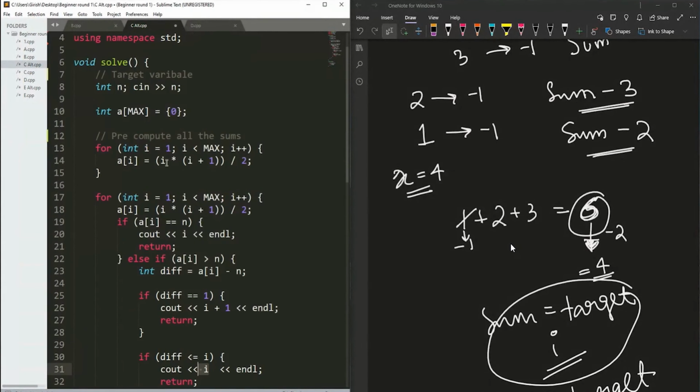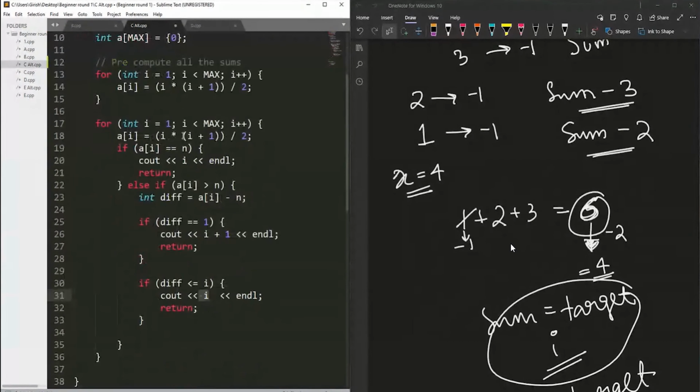I hope problem C was understood by all. Do you have any doubts in the code, or do you want me to explain it once more?